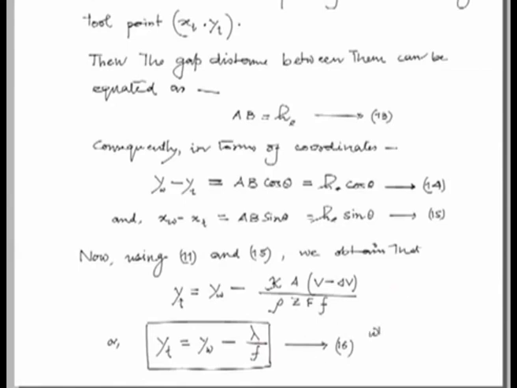So, here we have replaced this term kappa into V minus del V divided by rho z and capital F by the term sigma.